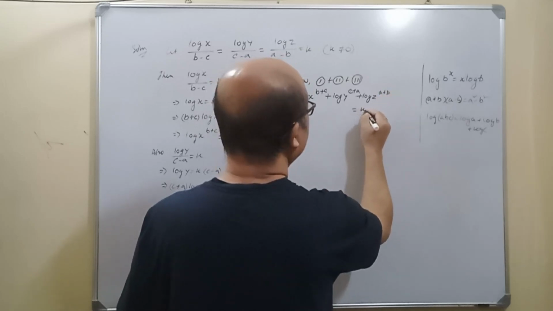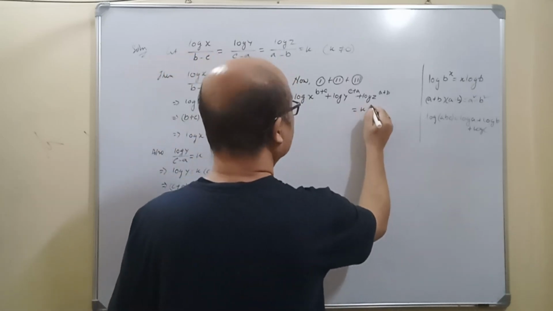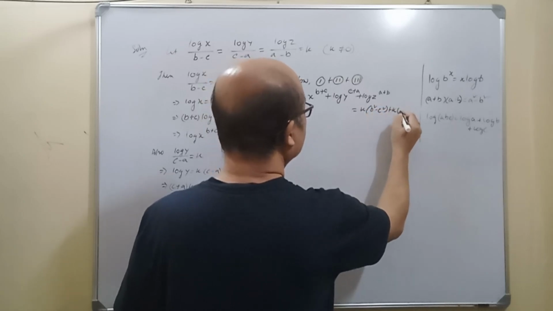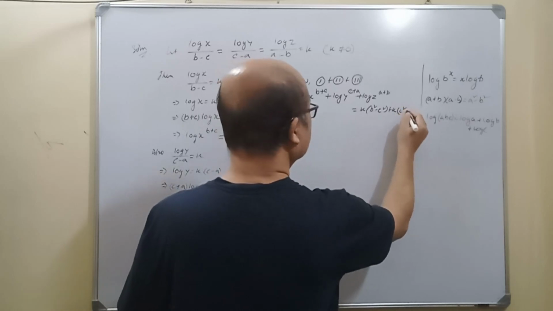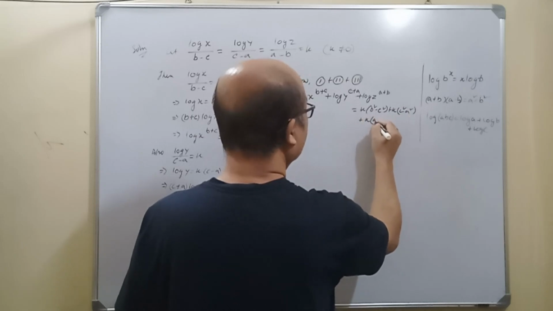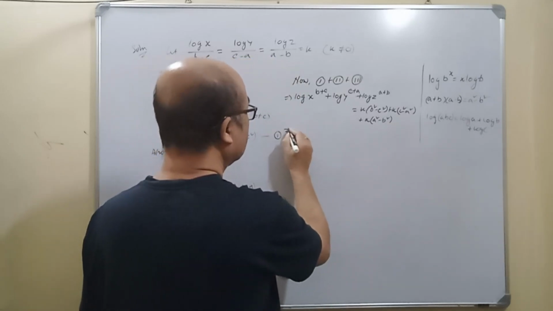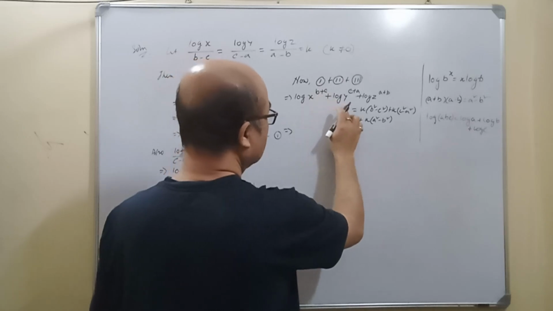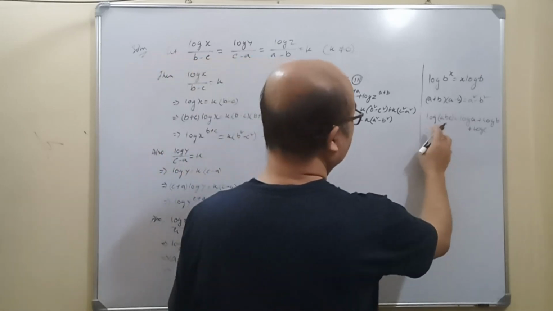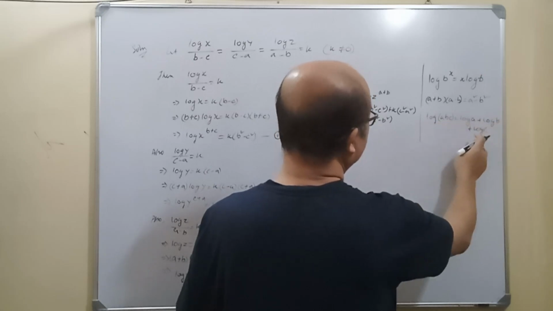This is equal to k into b square minus c square plus k into c square minus a square plus k into a square minus b square. Now the left side is log A plus log B plus log C, which is equal to log ABC, so the product can be written as this.